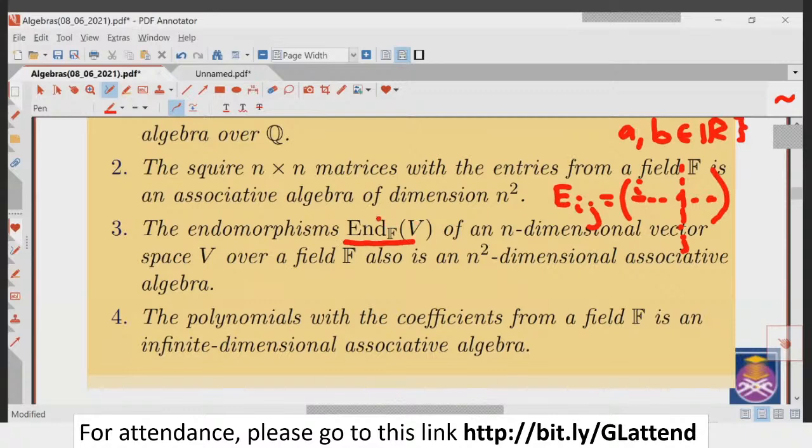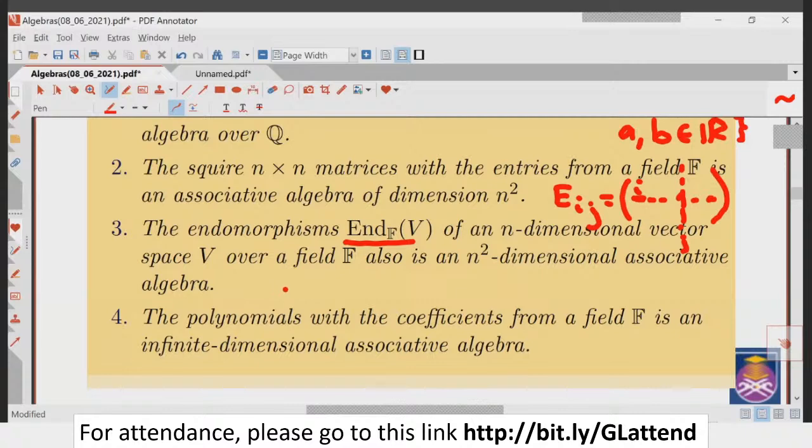In fact, this is isomorphic to the matrix algebra, because both are n-squared dimensional. Any two n-squared dimensional vector spaces are the same, because they are isomorphic. We have seen it. So how do we introduce a product operation here?